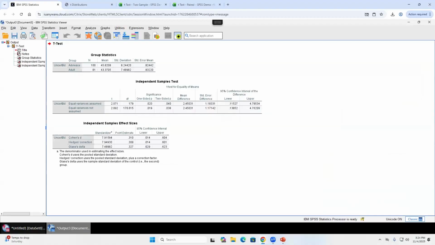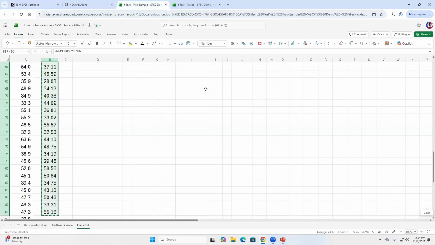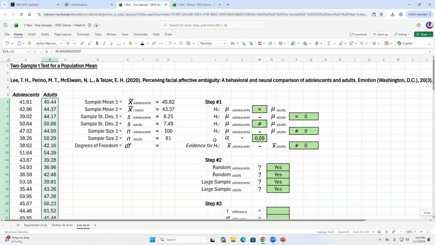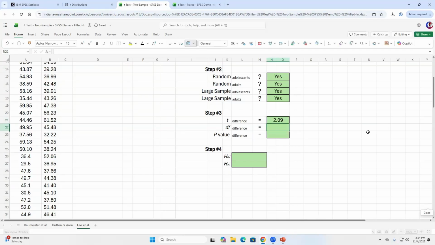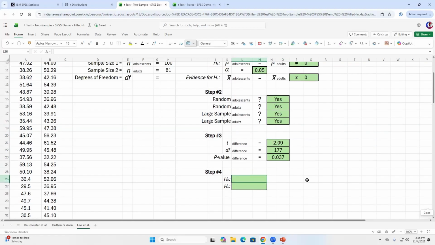So now that we have all that information, we can enter it into our decision tree here. We have our t-statistic of the difference, and that was 2.09. We have our p-value of 0.037. We have our degrees of freedom of 177. And then we have to make our conclusions. So we take a look at our p-value.